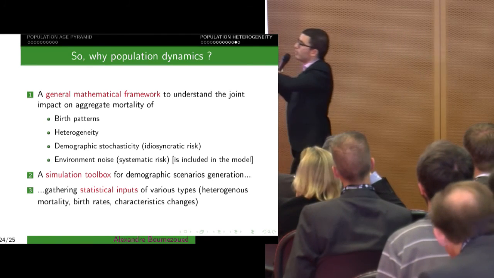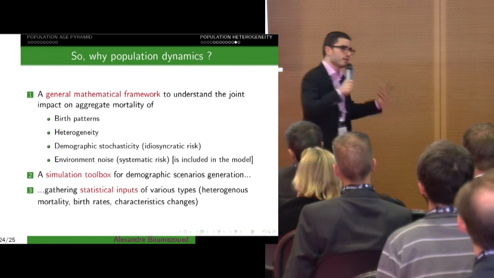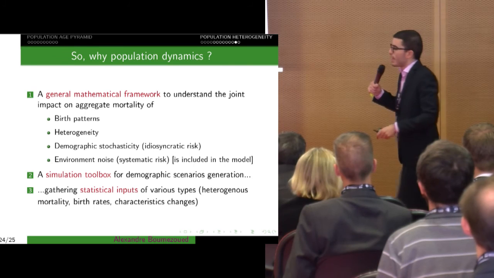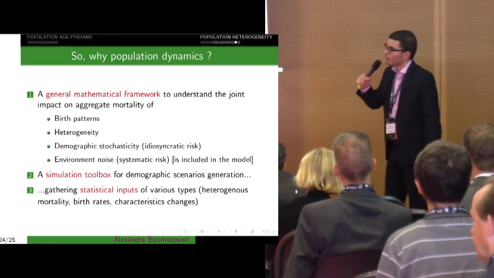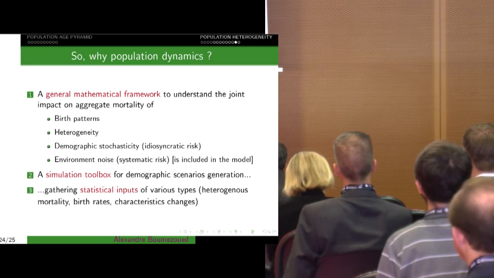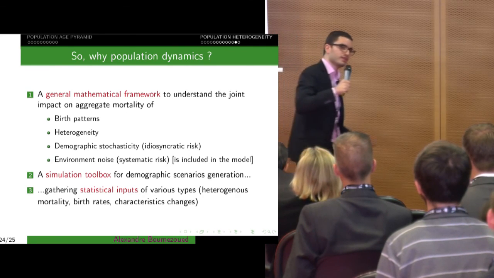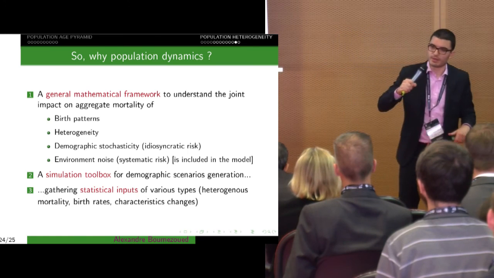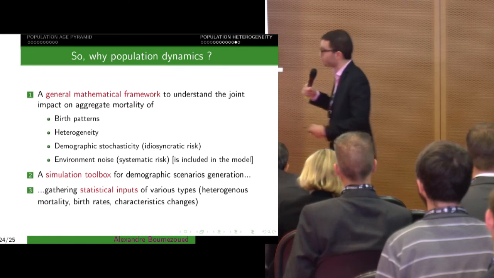Also, you can include, of course, systematic risk if you take stochastic mortality models. Second is a simulation toolbox, so you had a look at the simulation algorithm. And something really important is that it can embed various statistical inputs. In particular, you take the Human Mortality Database, you take the Human Fertility Database, put all this in the population model, and see what happens.